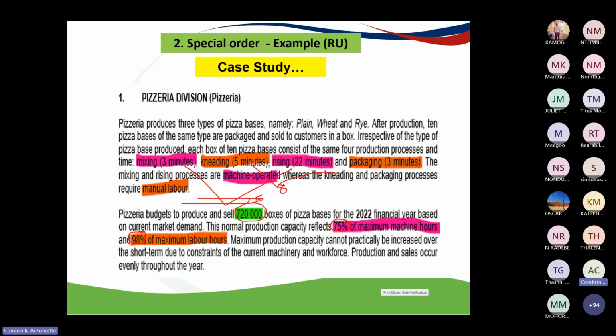We can go and calculate in the next step what that maximum capacity is, because in our special order we want to know if there are any constraints. So just remember that, tie it in the back of your mind so you don't forget. We need to check the maximum.